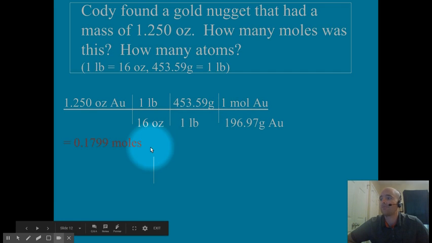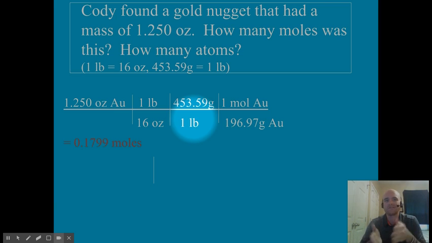Remember, our answer had 4 sig figs here, and that's because we started with 4 sig figs here. These are exact conversions, so that means that they have an infinite number of significant figures, and we kind of exclude those.